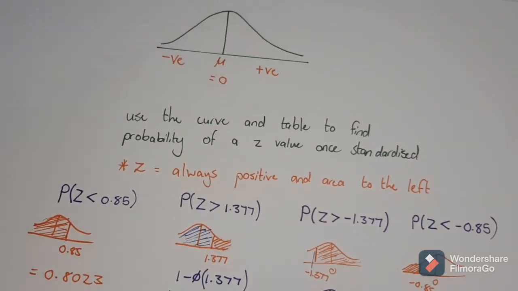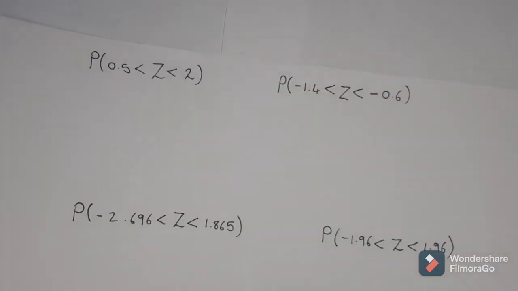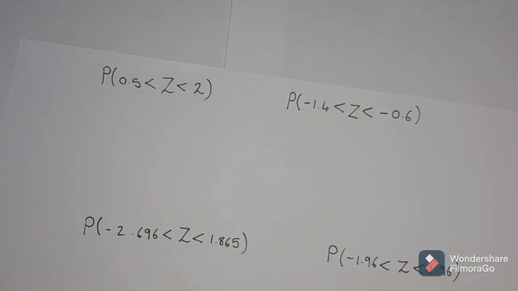Okay, so the other things that we could possibly get with our curves is that sometimes we want values in between. So here I want when it's greater than one number and less than another. And when this happens, we're going to do the same thing for reading off our table.